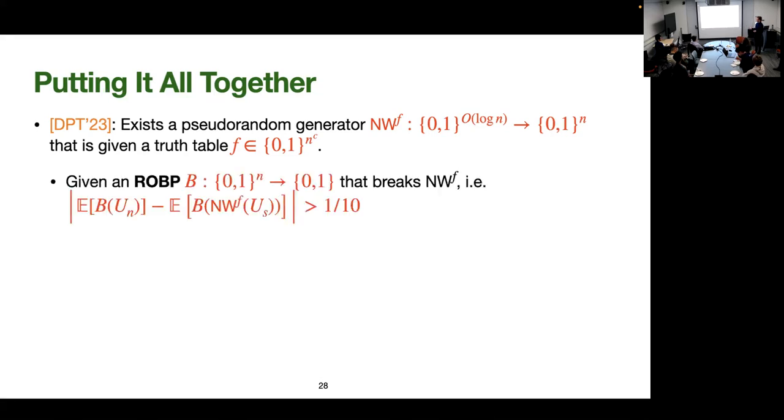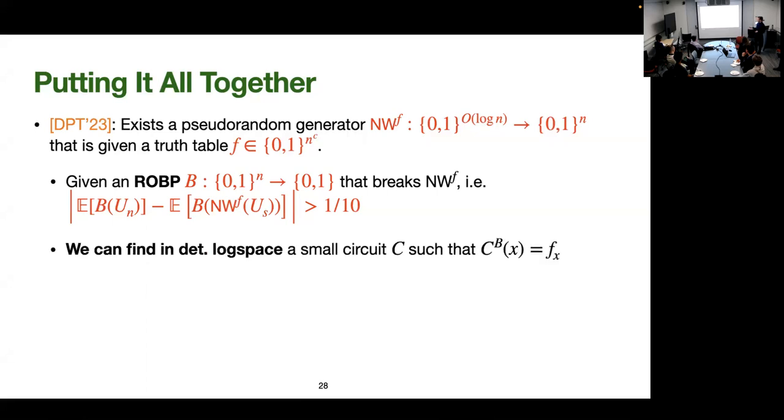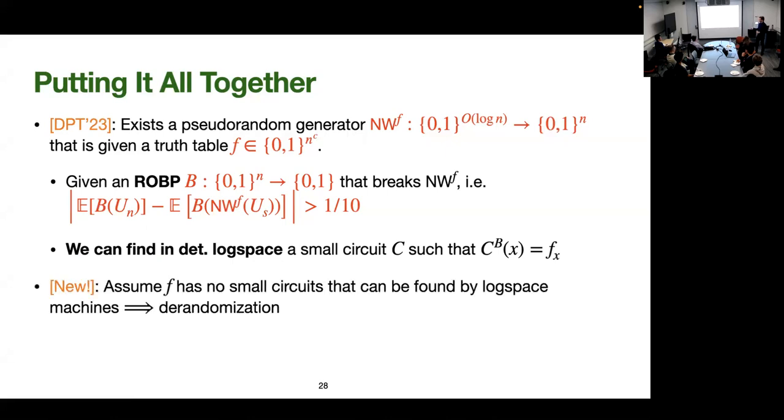And given a read-once branching program, so a space-bounded randomized algorithm that breaks this generator, which is exactly the definition before, we can find in deterministic log space a small circuit such that the circuit with access to this ROBP computes the original truth table. And so our high-level new conclusion is that if we assume that we have access to a string f that has no small circuits that can be found by deterministic log space machines, we can conclude derandomization.